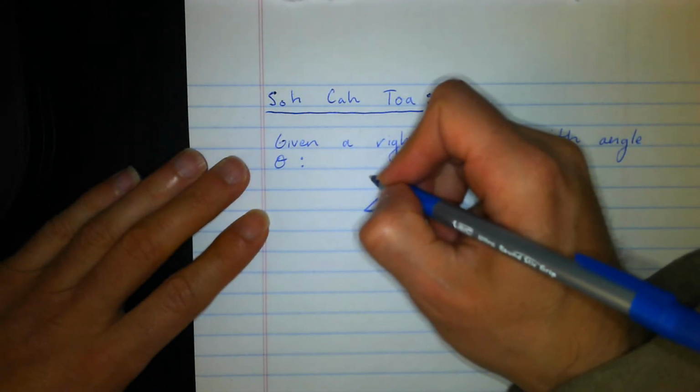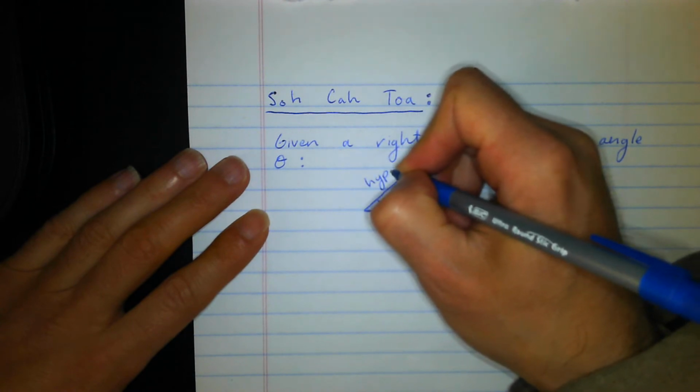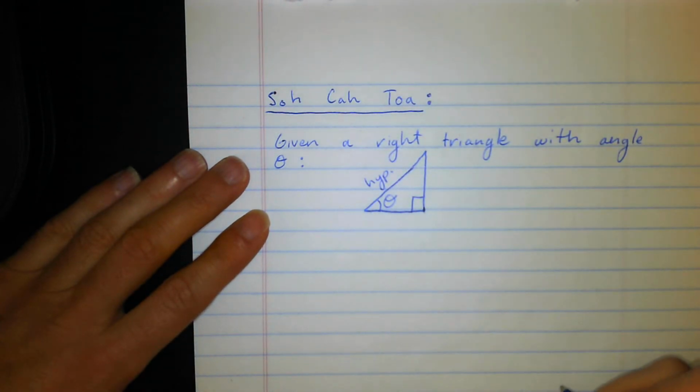Well, in this case, I'm still going to call this side the hypotenuse. Just write HYP for hypotenuse.